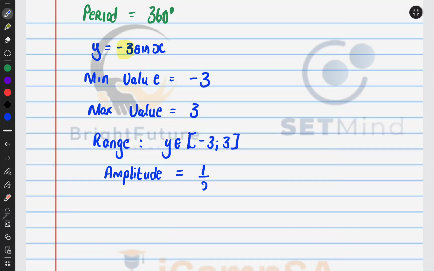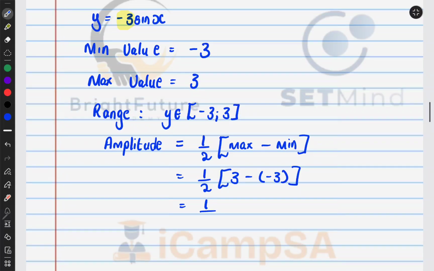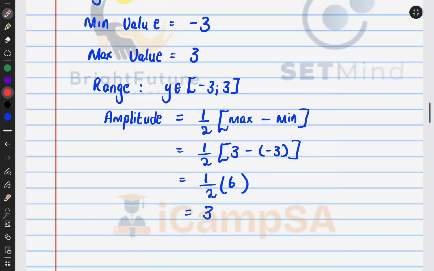The formula is 1/2 times the maximum value minus the minimum value. The maximum value is 3 minus -3. Therefore we have 1/2 times, 3 plus 3 is 6, 6 divided by 2 is +3.